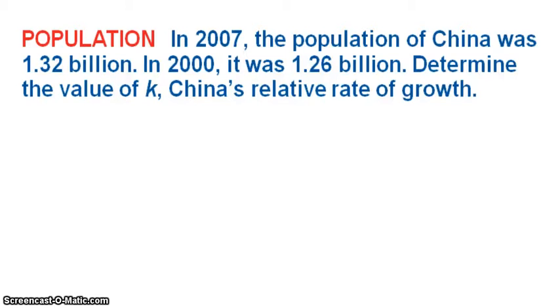So, I'll set up my equation. I know my quote-unquote present amount, or the amount I have after a certain amount of time, is 1.32 billion. They're both in billion, so there's no issue just leaving it as 1.32. We know in the context that it is billion. I started out with 1.26.